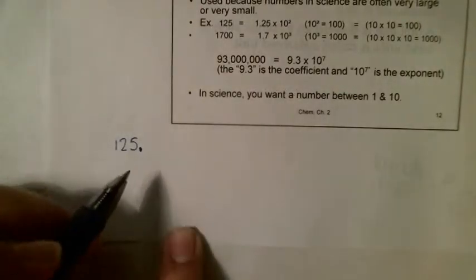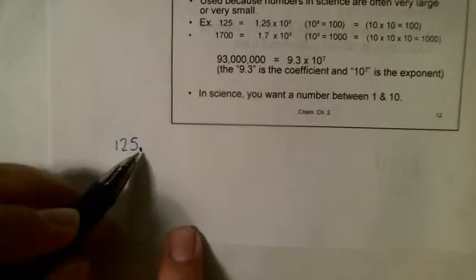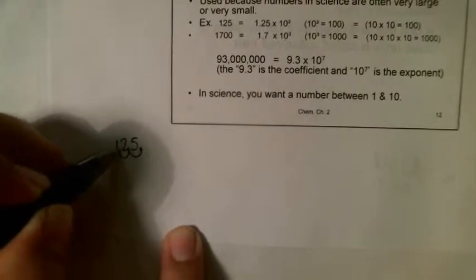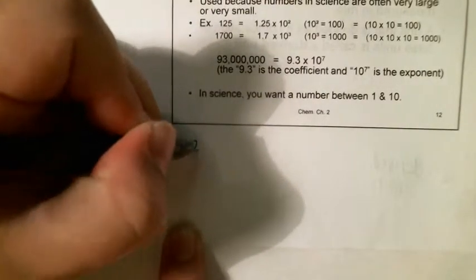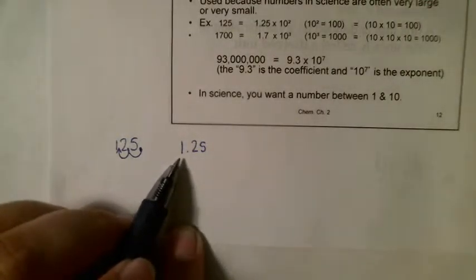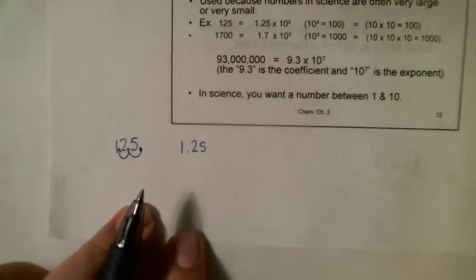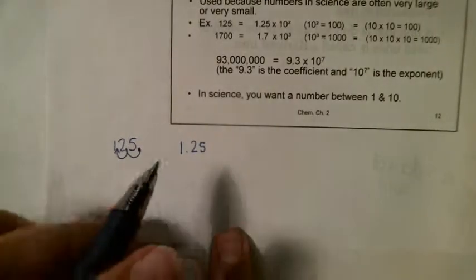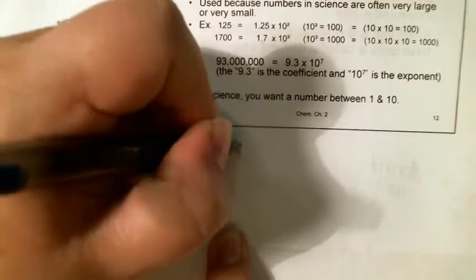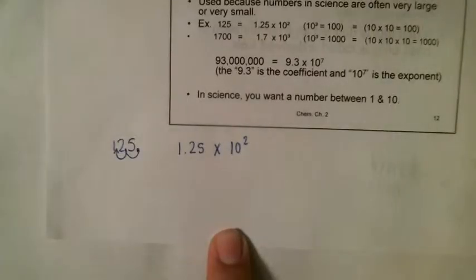Okay. So in this case, we're going to have to hop this comma or the decimal point 2 spots to the left to get 1.25, so that we only have one number before the decimal point. Then we're going to write times 10 to the second power.